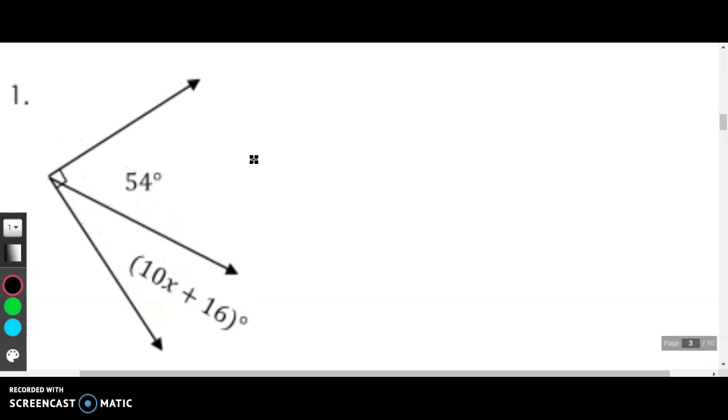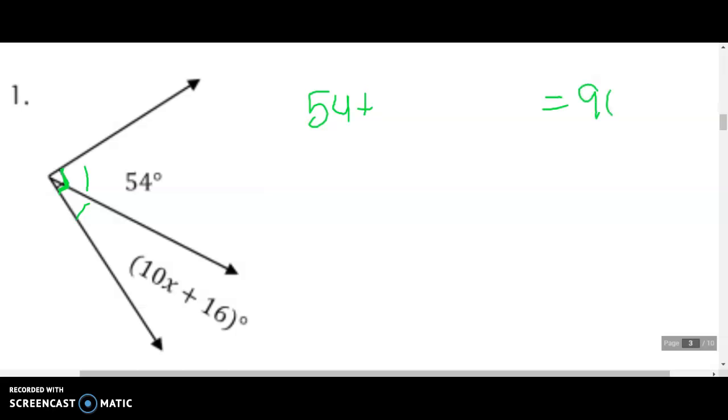The first example here, we have some complementary angles, because this says that these two angles add up to 90 degrees. So I know that the 54-degree angle plus this angle must add up to 90 degrees.